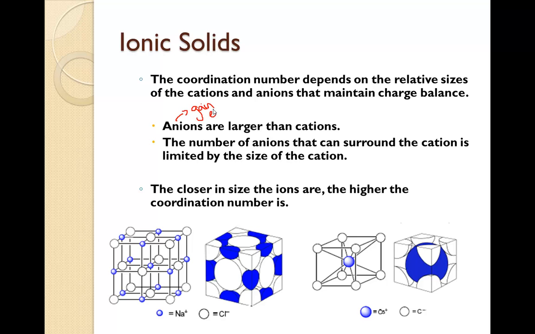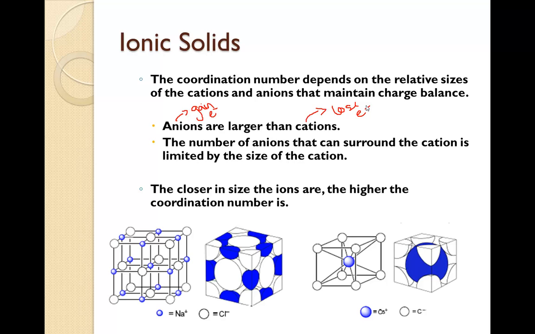Therefore, it's getting bigger. The Z effective is getting smaller, so therefore it's getting bigger. The cations lose electrons in the process. The number of anions that can surround the cation is limited by the size of the cation. The closer the size of the ions are to one another, the higher the coordination number is.